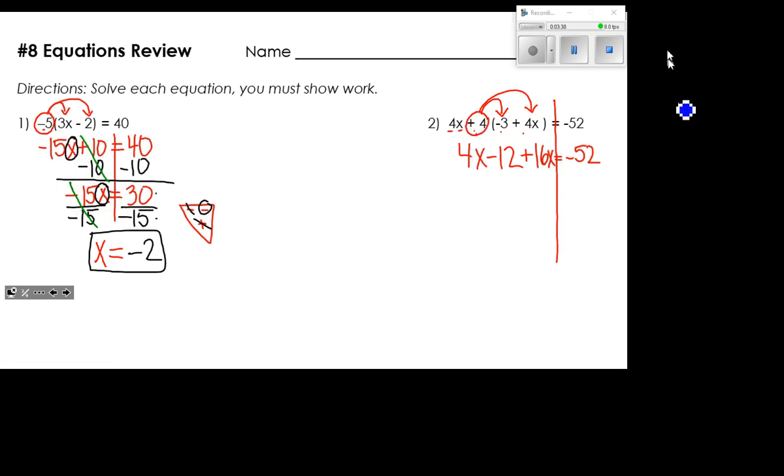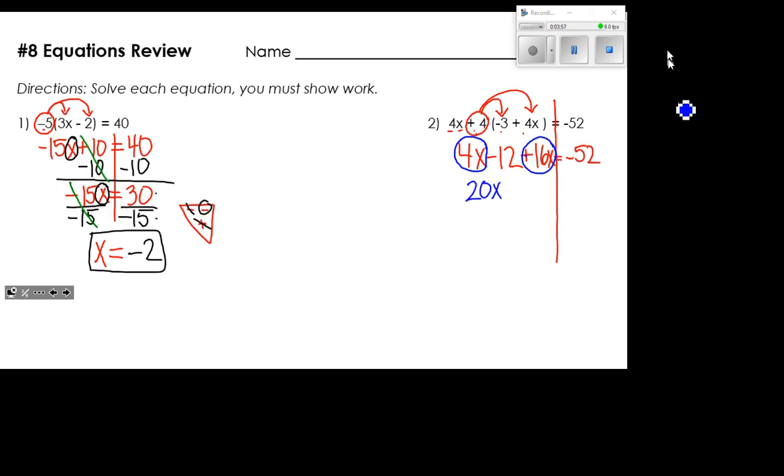Now let's combine like terms. We can combine the 4x and the 16x. And always remember, you have to include that symbol that is in front. So that is 4x plus 16x, which is 20x.